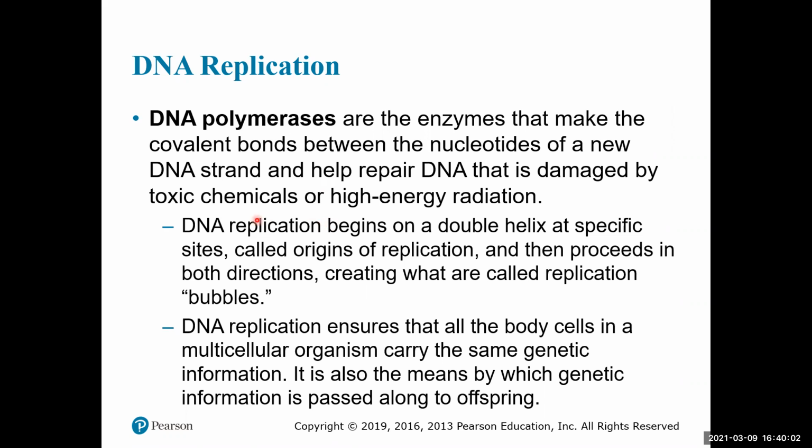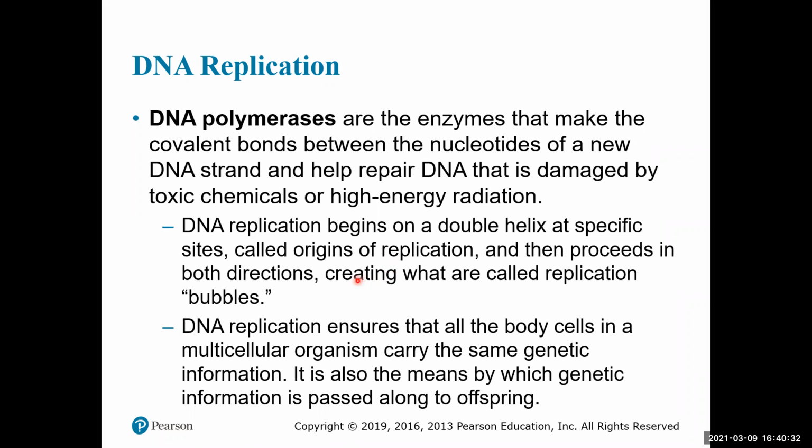And so whenever a DNA molecule is replicated, you have these spots that exist at several places throughout the DNA molecule. These spots are called origins of replication, and these specific sites are where the DNA becomes unwound initially.